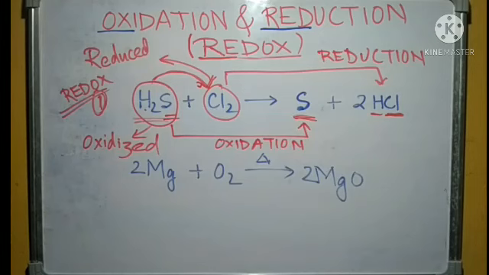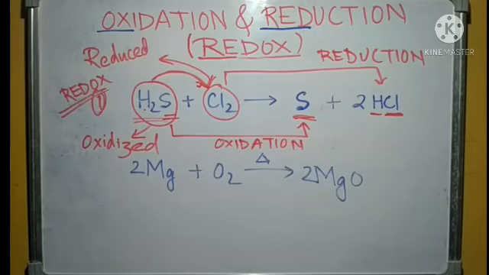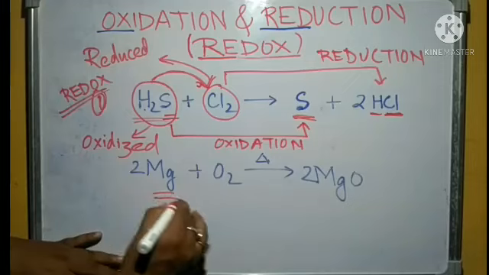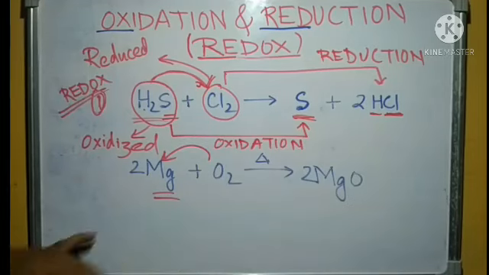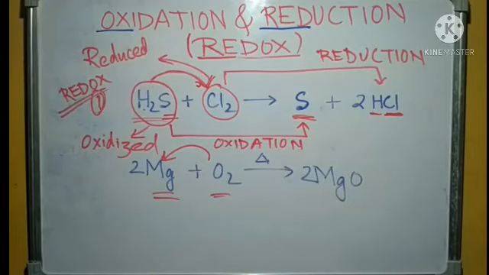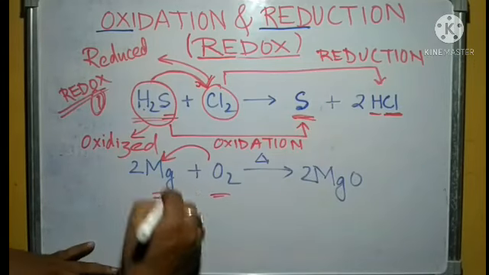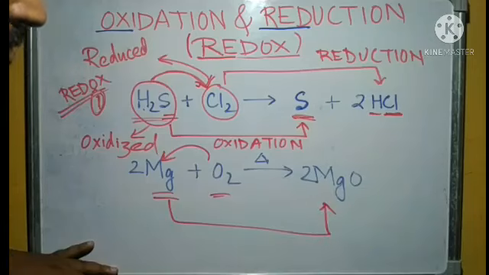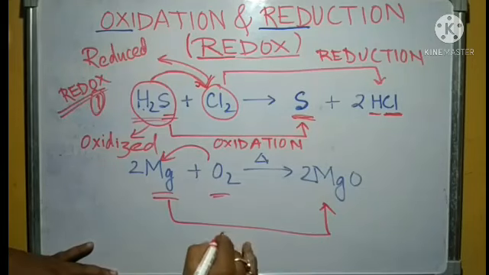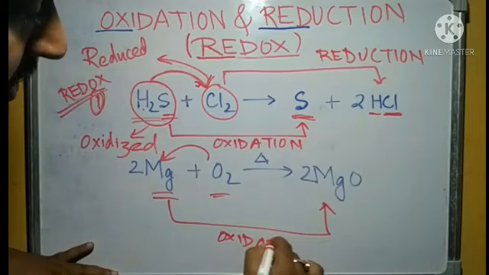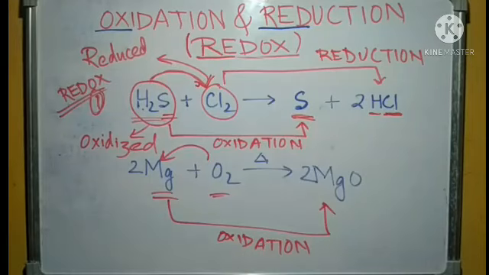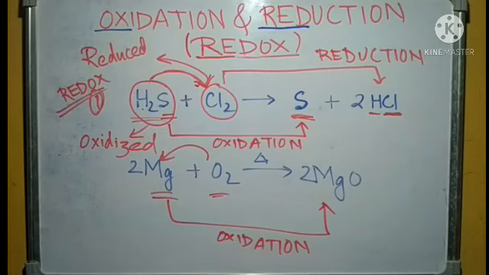Similarly, in this case, that is heating of magnesium ribbon to give magnesium oxide, you can see that magnesium is getting oxygen from the oxygen gas present in air. So this magnesium is oxidized. This is an oxidation process because magnesium is getting an extra oxygen atom.